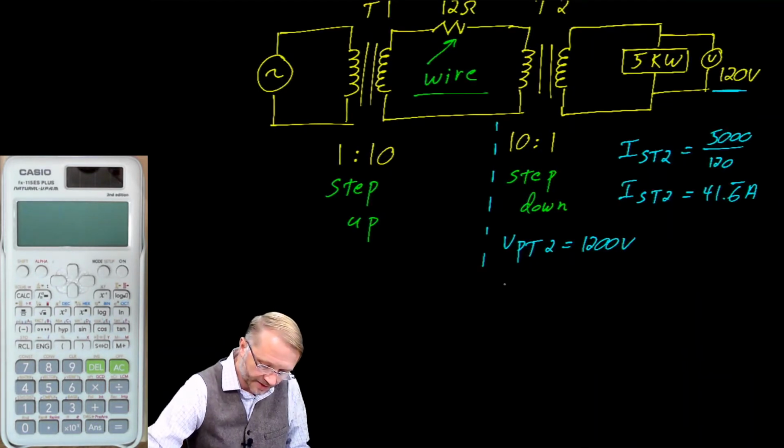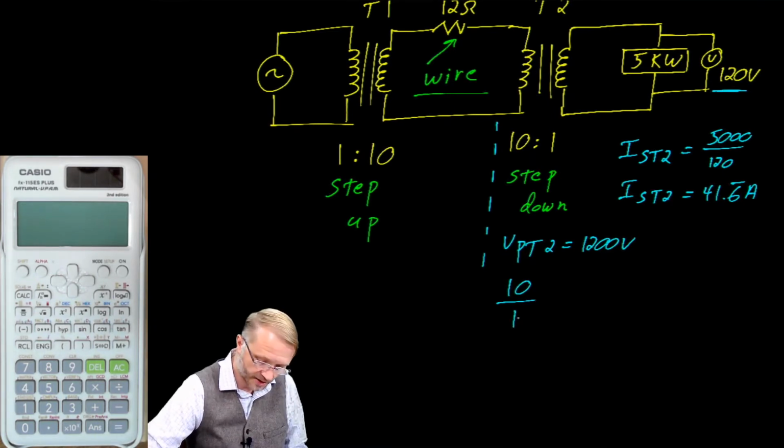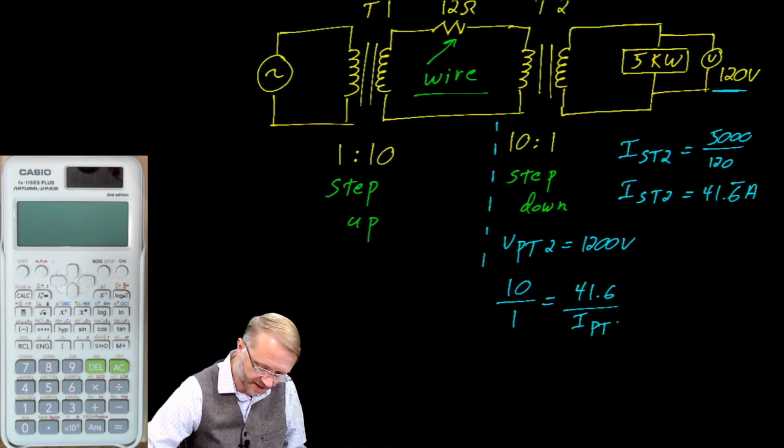We can calculate the current on the primary of T2 using this rule. So this is our turns ratio, and that is equal to our secondary current over the primary current of T2. Solving for that, the primary current of T2 is equal to 4.16 amps.